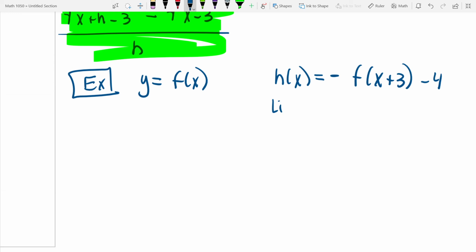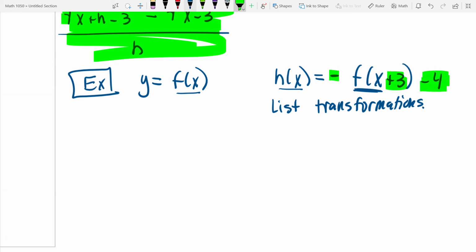And what I want you to do is to list the transformations. So I feel like I haven't talked about this notation enough. So if you've got this graph f of x, and then h of x is f of x, but with transformations, then what are the transformations? Guys, look, you've got the negative, you've got the plus 3, and you've got the minus 4.